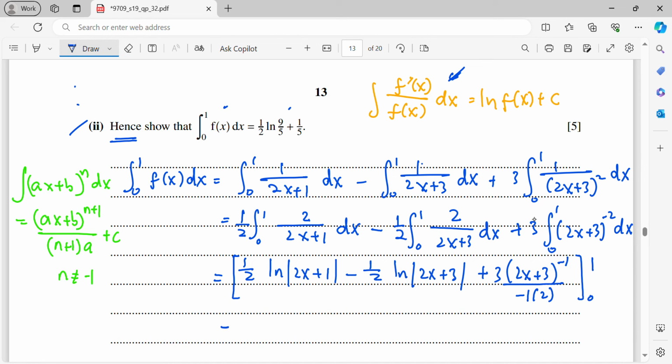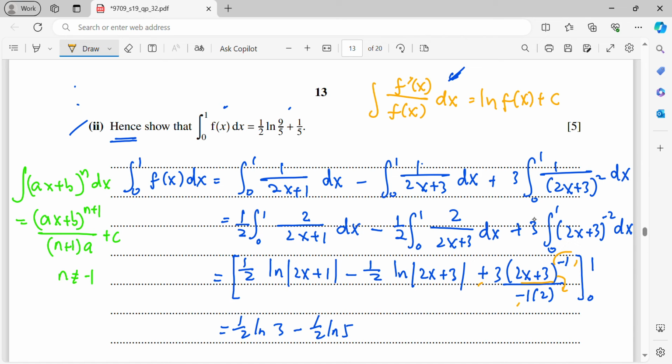Okay, so here I will replace the x by 1 now. It will be half ln of 2 times 1 plus 1 is 3, minus half ln 5. So when you look at here, this is power negative. That means this whole term I can bring it down. So this minus and plus is minus.